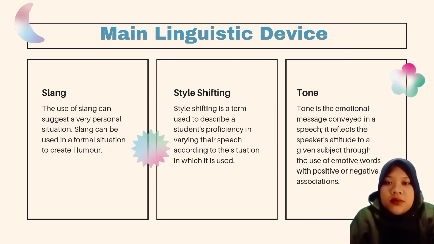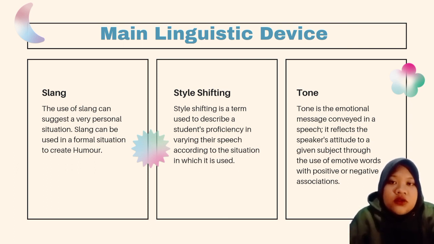Slang can be used in a formal situation to create humor. And then style shifting. Style shifting is a term used to describe a student's proficiency in varying their speech according to the situation in which it is used.